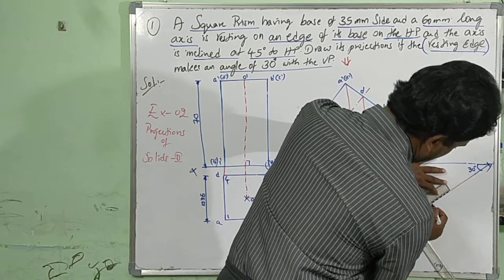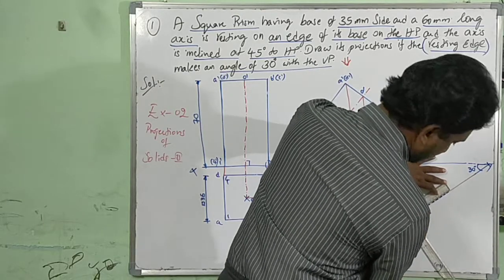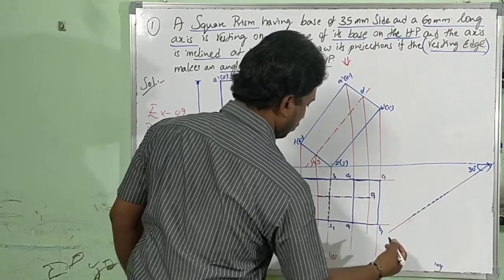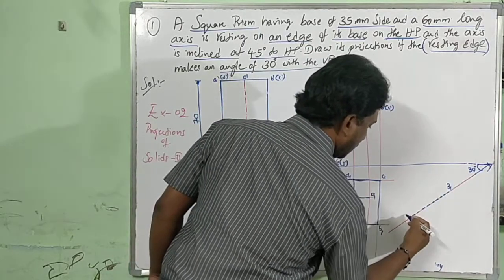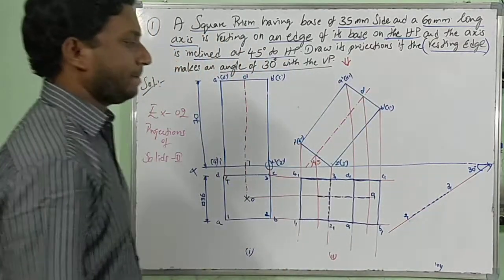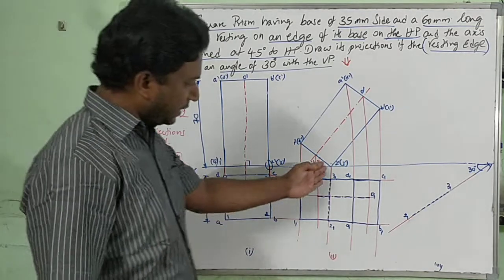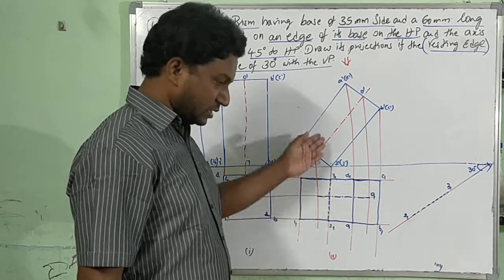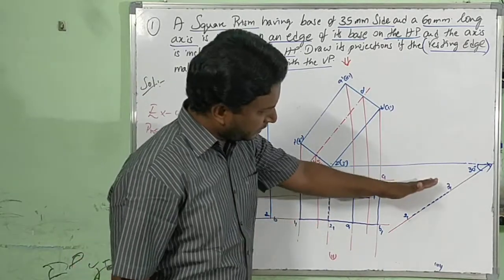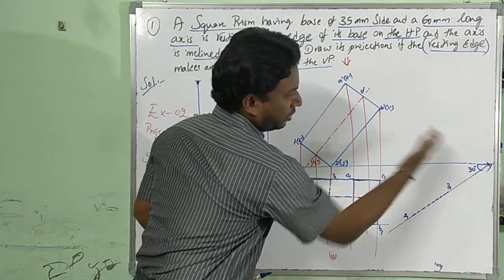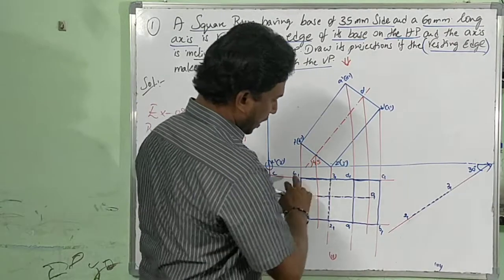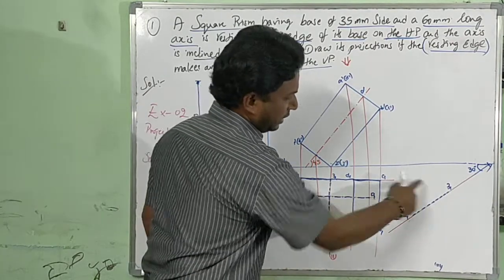Hidden line, you have to draw. I hope you are seeing this. 3 1, 2 1, whatever is vertical here has been rotated or turned to a 30 degrees angle. Now you have to reconstruct this entire figure.